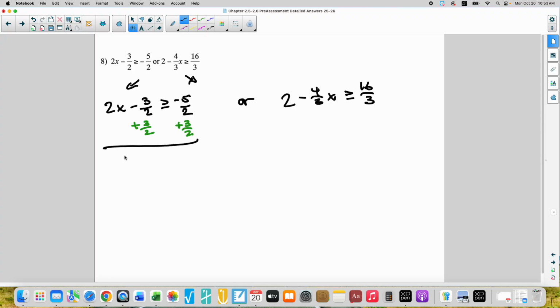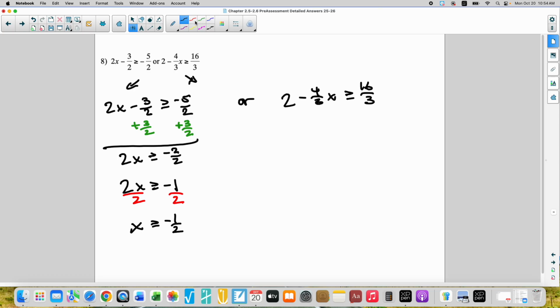That makes it more conducive. 2x is greater than or equal to negative 5 plus 3, which is negative 2 over 2. I can simplify that to negative 1. Now, we can divide by 2. That's okay. There are no fractions here anymore. That fraction was simplified to negative 1, and we get negative 1/2. I divided both sides by a positive, so I don't have to flip it.